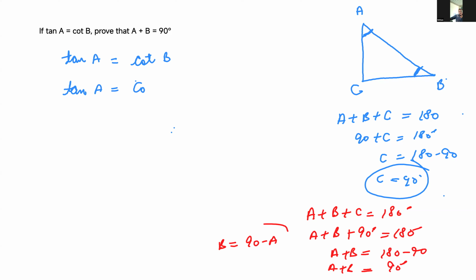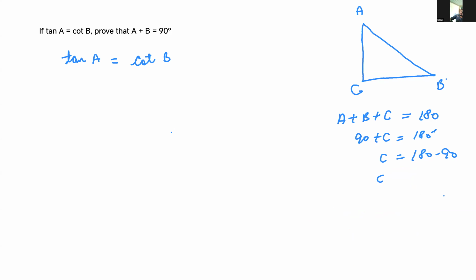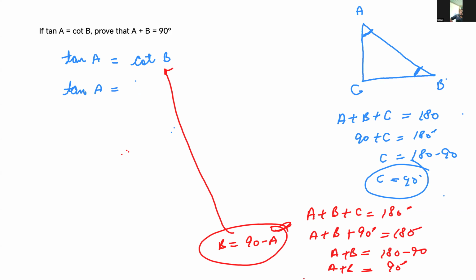Yes or no? Can I write the value of B here? It will become cot of 90 minus A. Everyone understood? Now tan A is equal to cot of 90 minus A. Cot 90 minus theta is equal to tan theta.